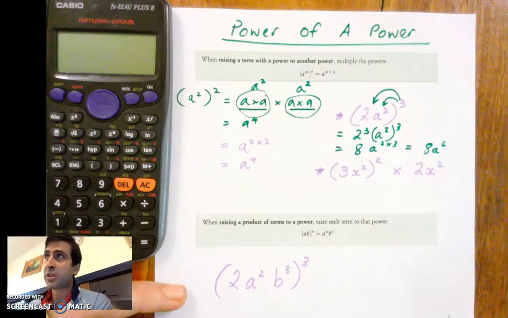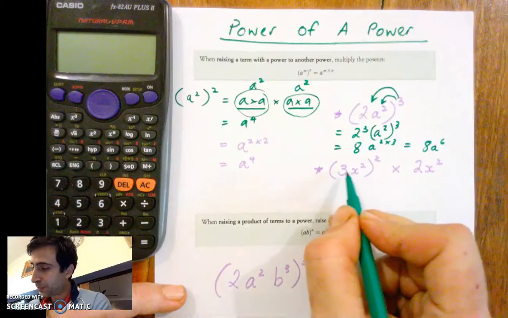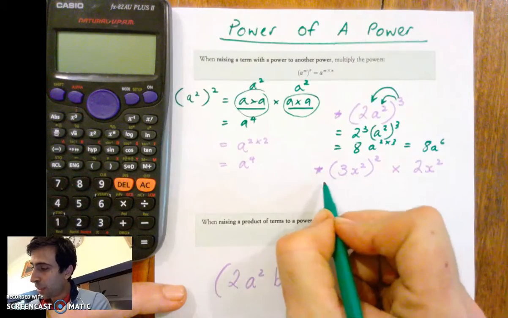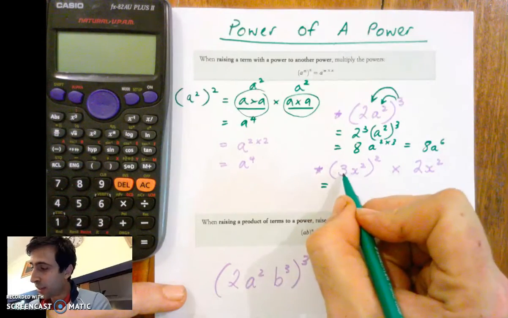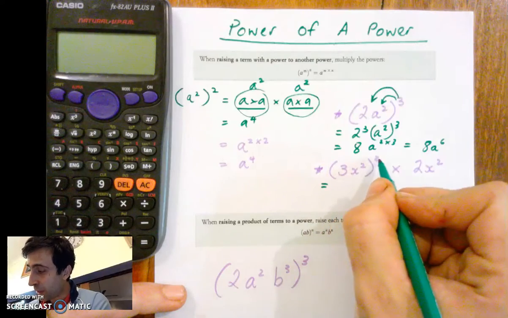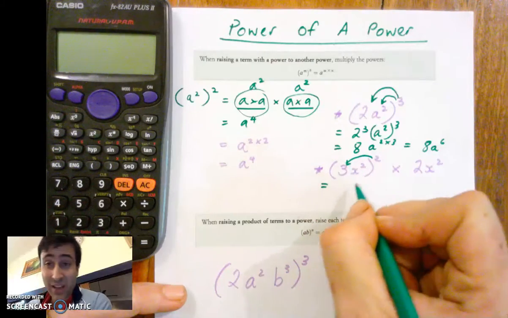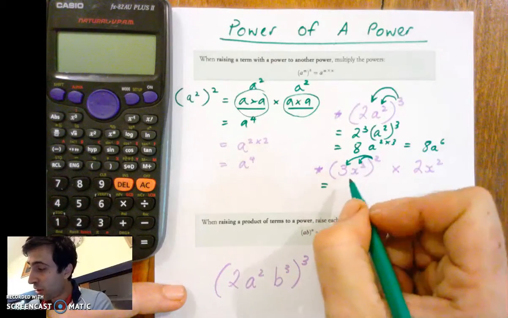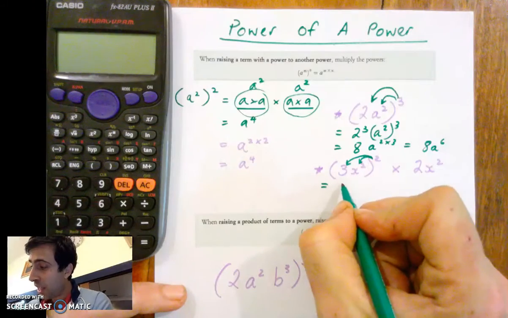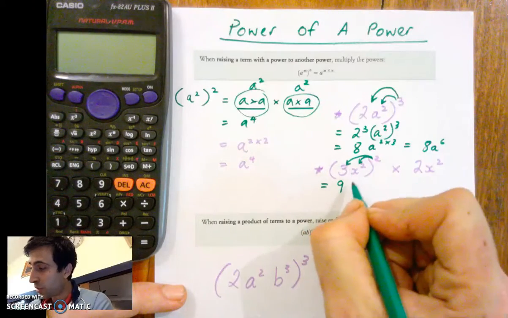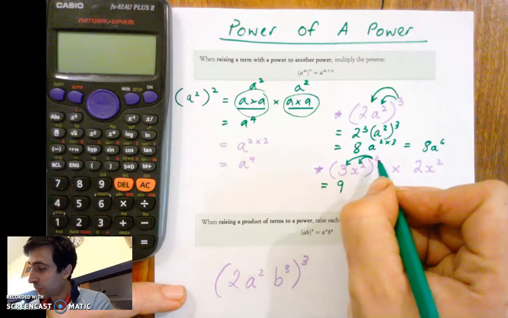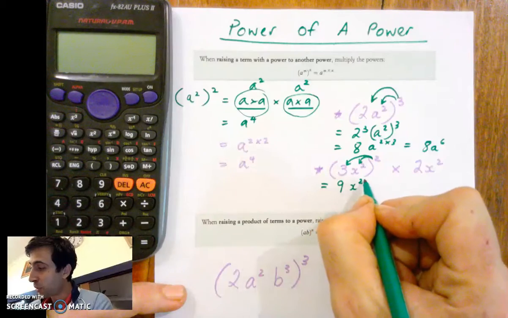Now let's do one that's just a little bit more complicated. If I've got 3x squared, squared, that's the same as saying 3 squared and x squared squared. So that's 9, 3 squared is 9, x to the 2 times 2. And now I put multiplied by 2x squared.